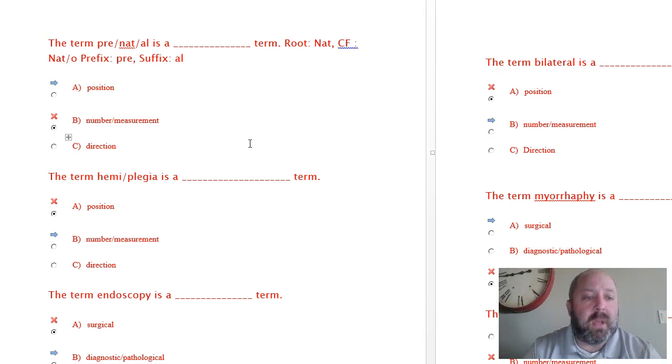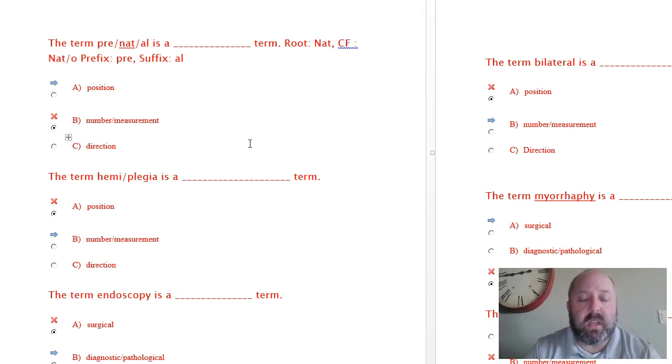You can have them hemiplegic. You can have them paraplegic. So what are we talking about here? Hemi, it's like half, right? So hemiplegic, this is definitely giving us a number here. Hemi is half.